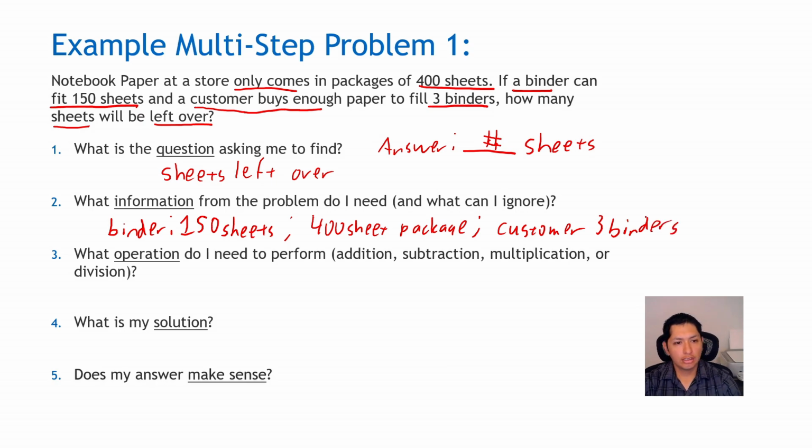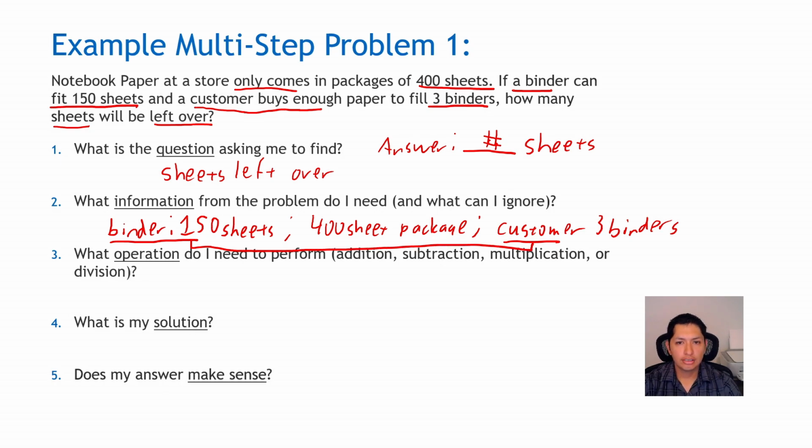So here are the 3 pieces of information. The 400 sheets tells me how many I get in a package. A binder fits 150 sheets, and the customer buys enough to fill 3 binders. So the binder information and the customer information seem very closely related to each other.